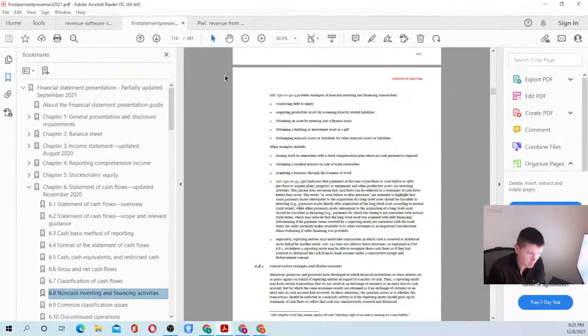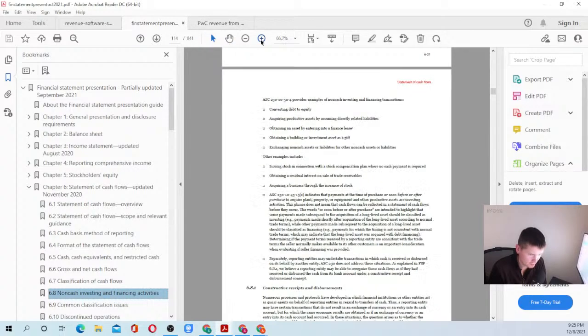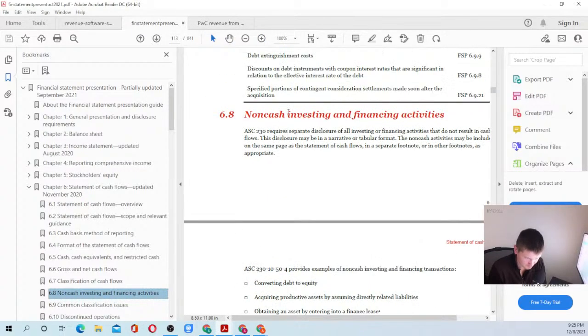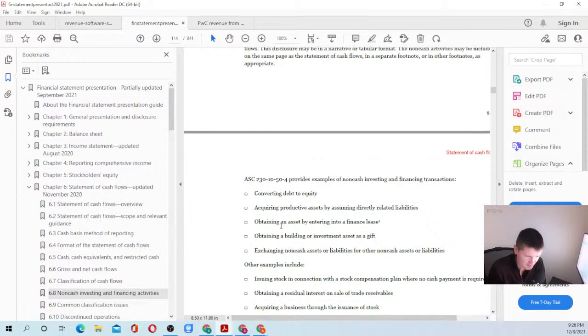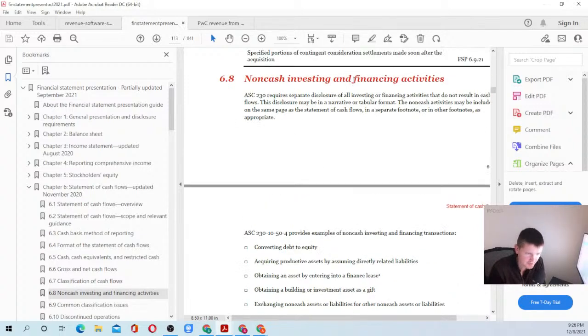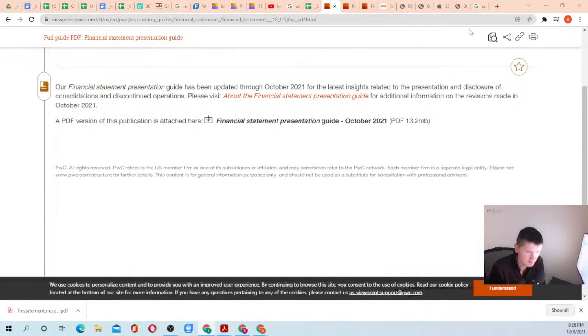It is a standard requirement to show non-cash investing and financing activities. And here is a list of several items. A few which we may be aware of are acquiring productive assets by assuming directly related liabilities, obtaining an asset by entering into a finance lease, or converting debt to equity. So these are non-cash financing and investment activities.